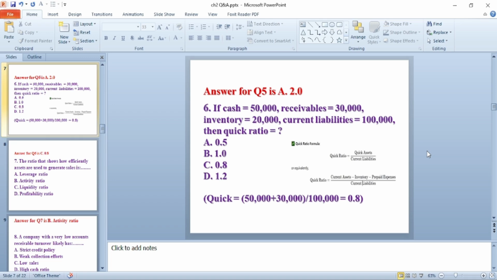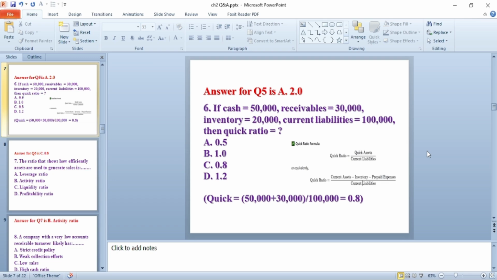Question number 6. If cash is 50,000, receivable is 30,000, inventory 20,000, current liability is equal to 100,000, then quick ratio is equal to dash. Quick ratio is equal to quick asset divided by current liability.